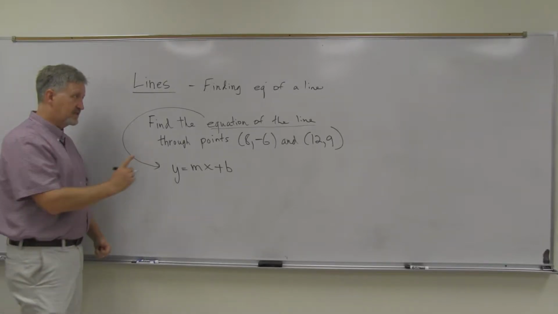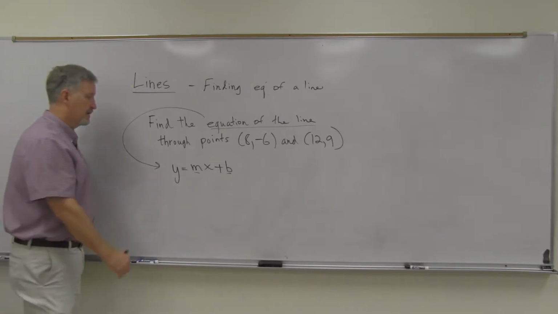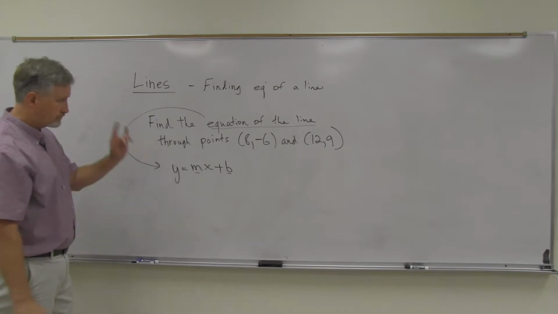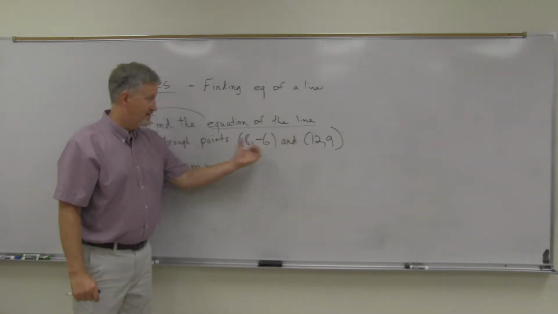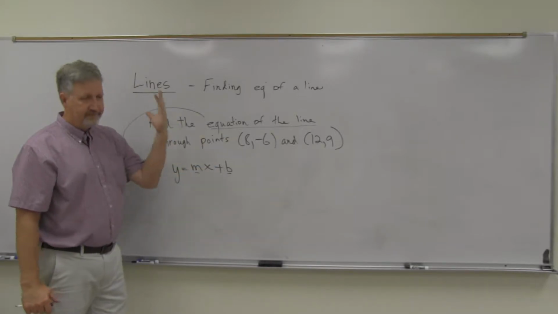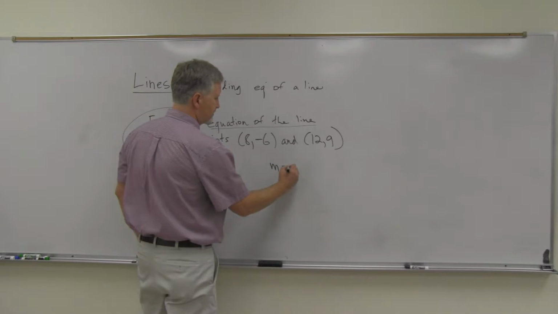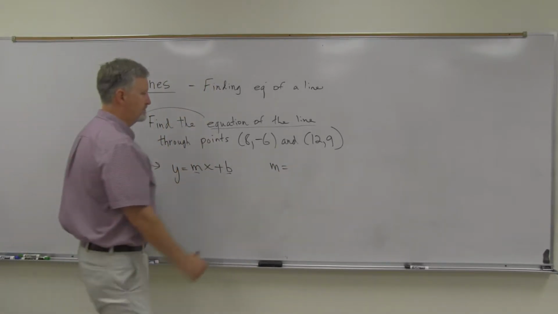So to get this equation of a line, you need two things. You need m and you need b. M, of course, is the slope, b is the y-intercept. Well, we're not given either one here, because neither one of those points is the y-intercept, and we don't have the slope, but we can use our slope formula to get the slope of this line because we have 2 points.